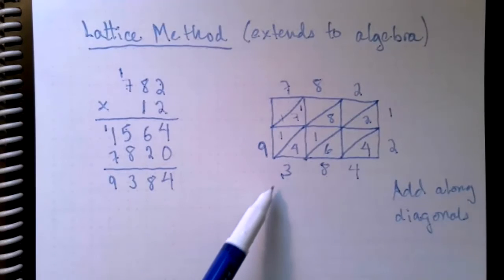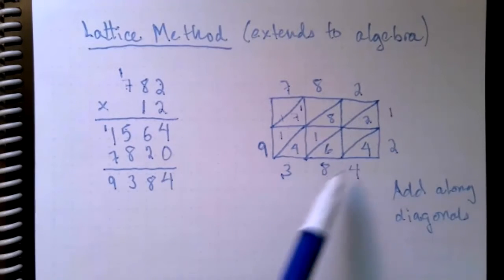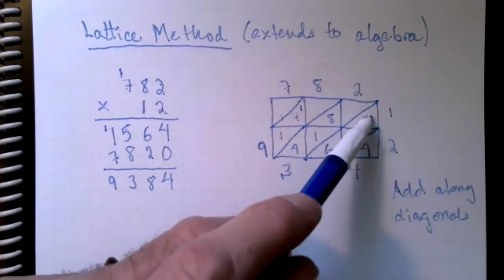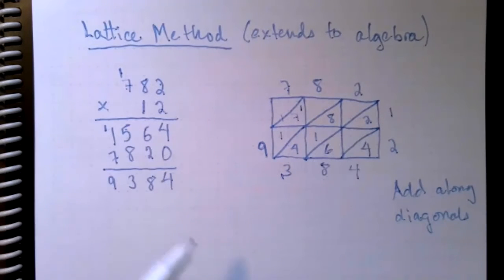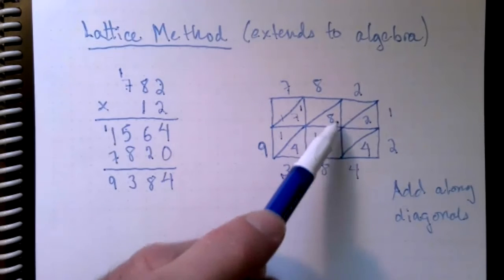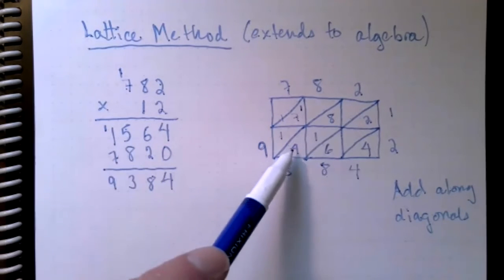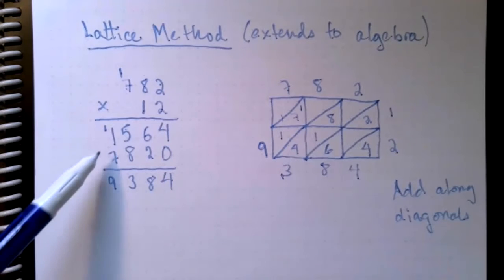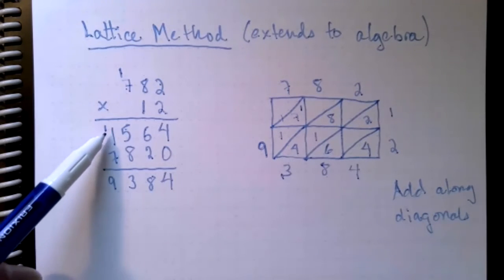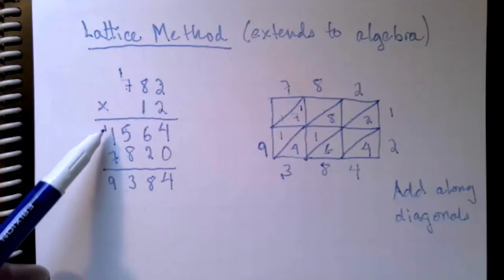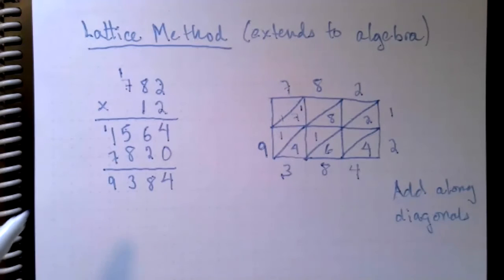Notice exactly what we had right here. The ones digit, just a 4. The tens, 2 plus 6, that's how we got that. The hundreds digit, 8 and 5. Well, there's our 5 right there. 4 plus 1 is 5. And then for the thousands digit, we're carrying the 1, just like we did right here. 1 plus 1 is 2, plus 7 is 9.